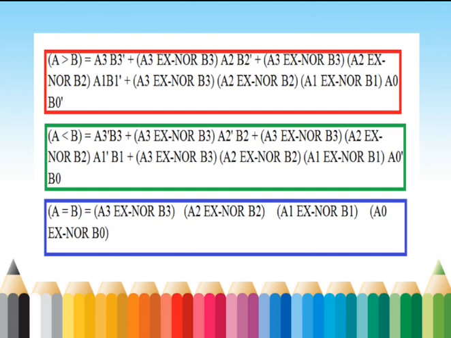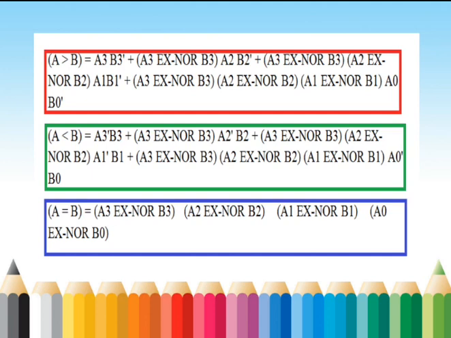In a similar way, we may identify the logical expression for A is less than B, which is surrounded by a green color boundary. The only difference is that here, for A is less than B, we should use the terms A prime B. In a similar way, we may identify the expression for A is equal to B. As we discussed in the 1-bit magnitude comparator, when the given input bits are equal we may express this with the XNOR operation.